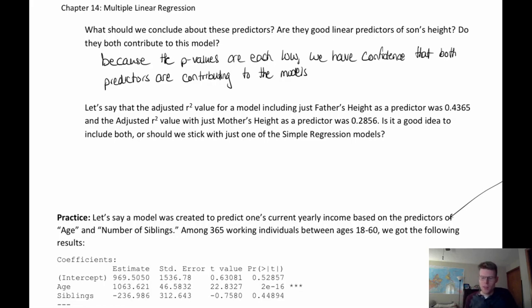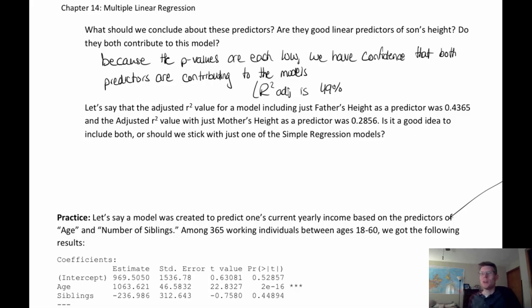All right, and then we should also add here, are they good linear predictors? Well, this is only telling me if I'm confident that they are predictors at all, but I should probably add that the r squared value, and at this point we could just say adjusted r squared, is 49%, meaning that we're probably explaining somewhere around 49-ish% of the variability in son's height, which is probably pretty good.